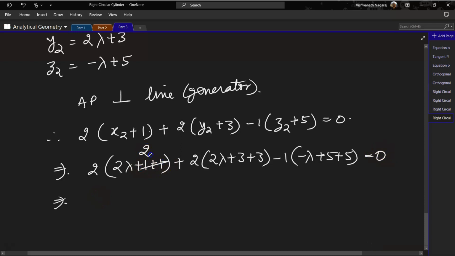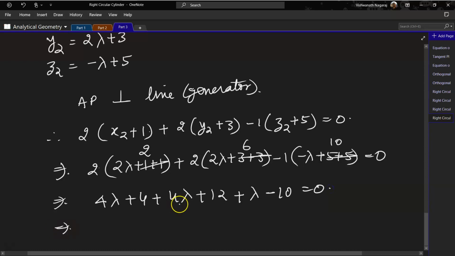This becomes 2, this becomes 6, this becomes 10. So we have 4 lambda plus 4 plus 4 lambda plus 12 plus lambda minus 10 equal to 0. So 4 plus 4, 8, plus 1, 9. 9 lambda plus 4 plus 12 is 16, minus 10 is 6, is equal to 0.